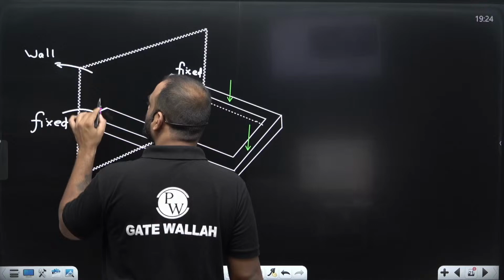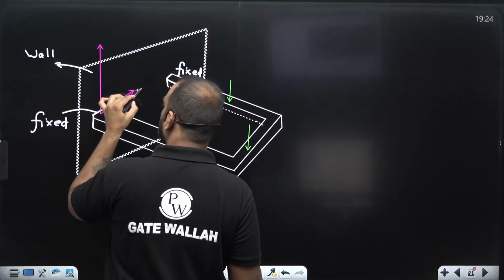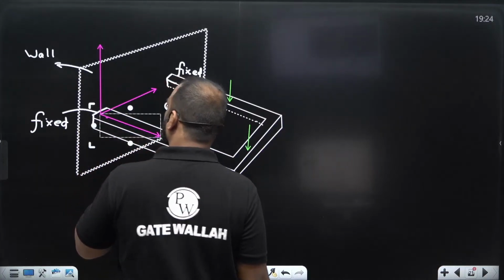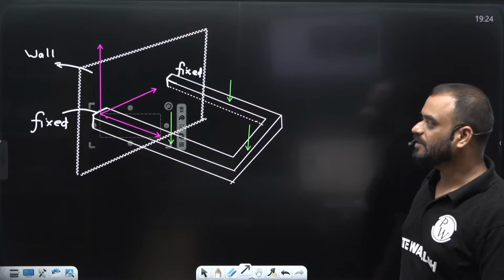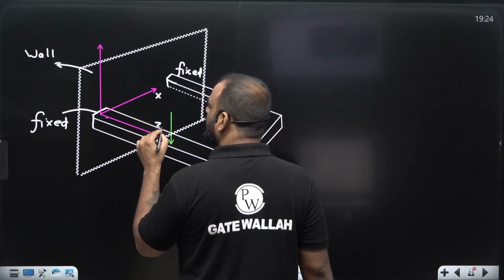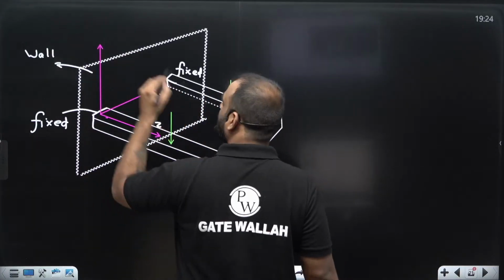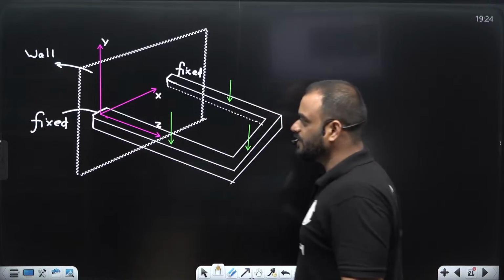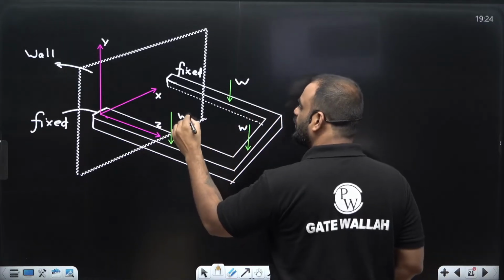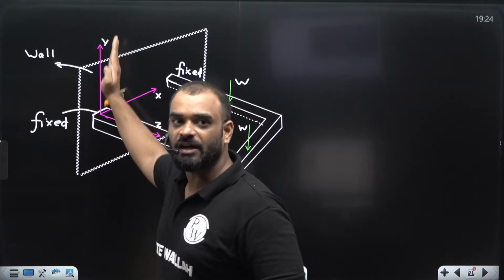Let us consider this is our vertical axis, y-axis. This one is our horizontal axis, and this is another horizontal axis. There are 3 axes for each and every support. This one is x, this one is z, and this one is y. Now tell me guys, right now you have some loads, let us suppose W, W and W. Due to these vertical loads, the vertical reaction will develop in the y direction.